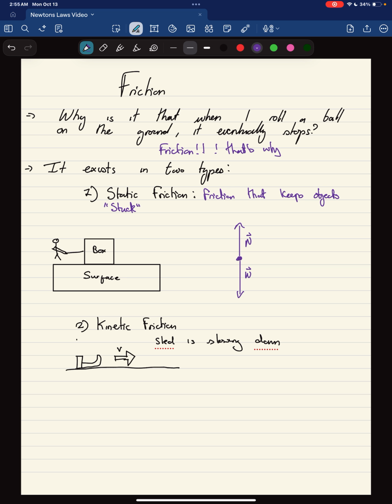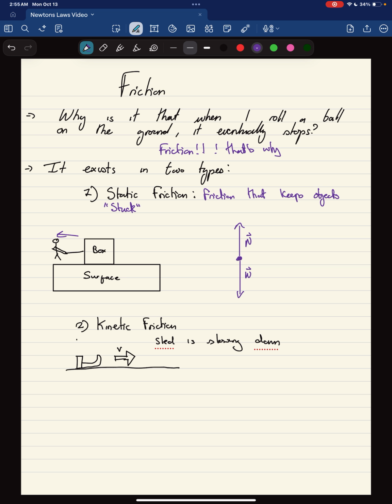But this person is trying to pull this box to the left, and he's not succeeding at all. It's staying there, it's not moving. Why? Because of static friction. Static friction is not allowing it to move.